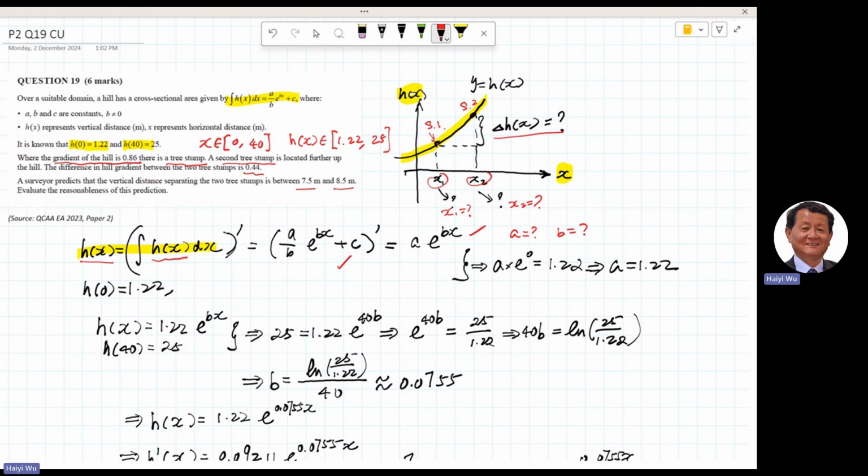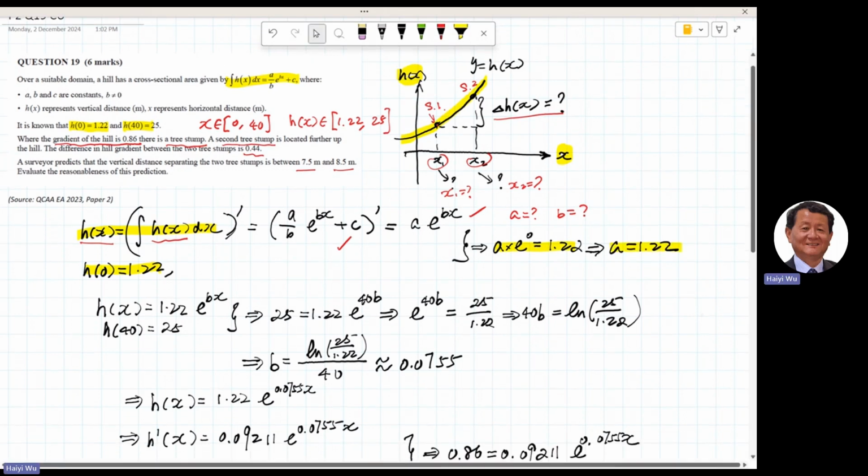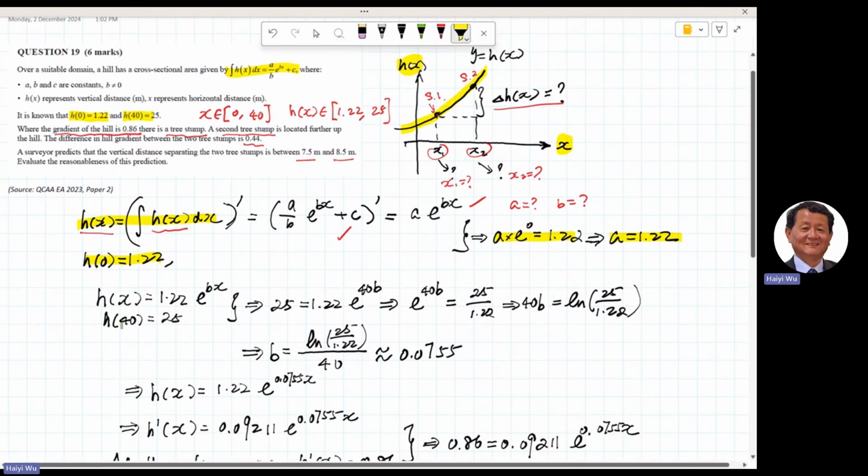I'm going to use condition number 1. H(0) is 1.22. We substitute into the equation, so a is 1.22. Then the second condition: h(40) is 25. The x is 40, so we decide b by converting the exponential to a log.